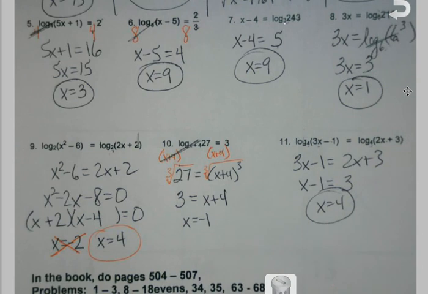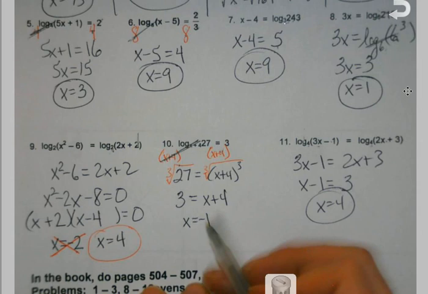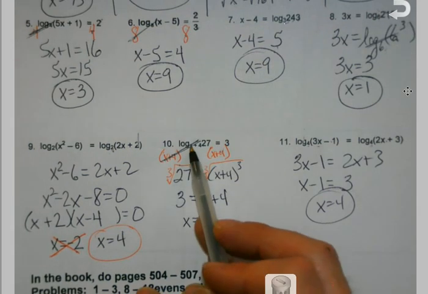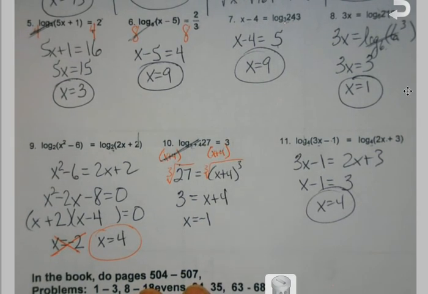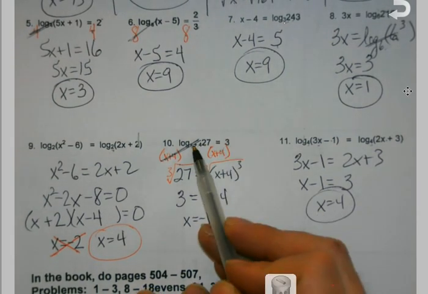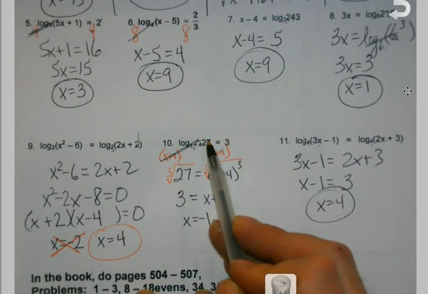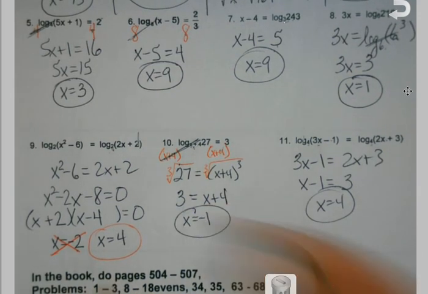Now, when I stop to think about it for a minute, I'm like, you know what? I might have been able to make this a little easier on myself. Because when I look at this, negative 1 plus 4 is 3. Oh, 3 cubed is 27. I really could have just asked myself, how do I turn this into 3? Because 3 cubed is 27, which may have made it a little simpler. But we got there still. It wasn't terrible.